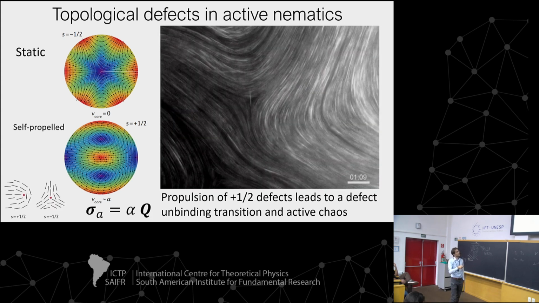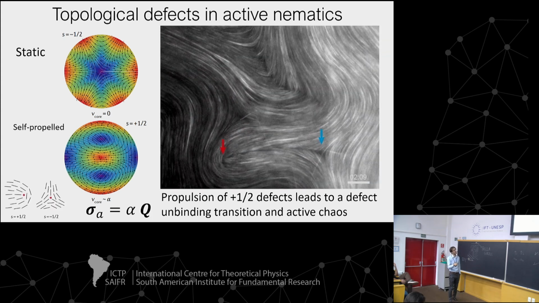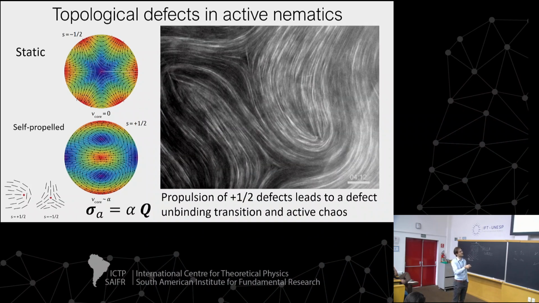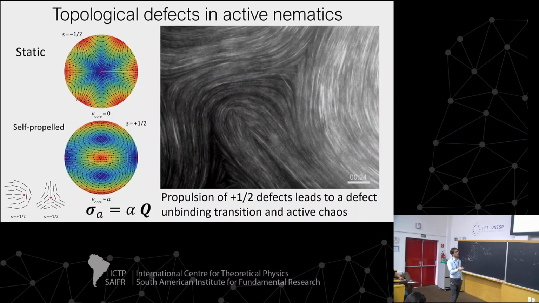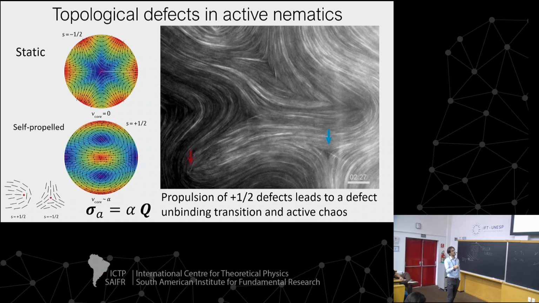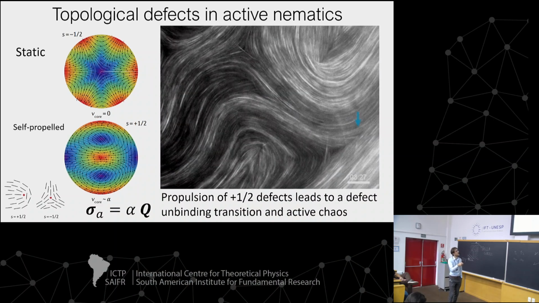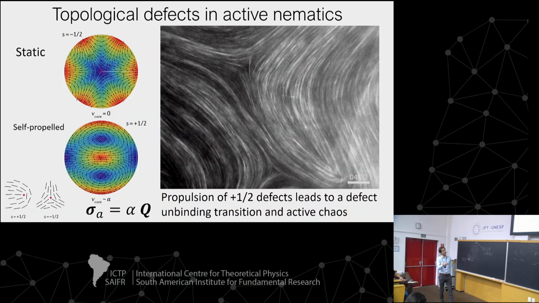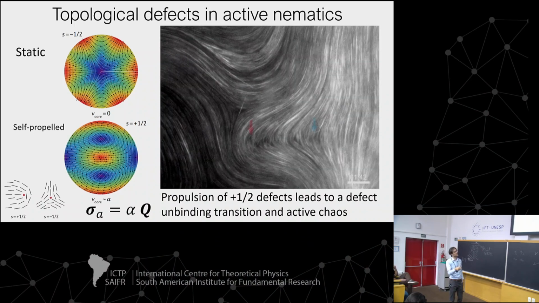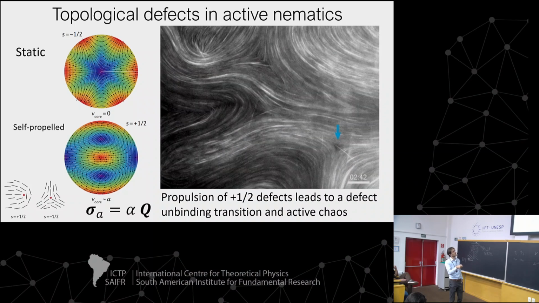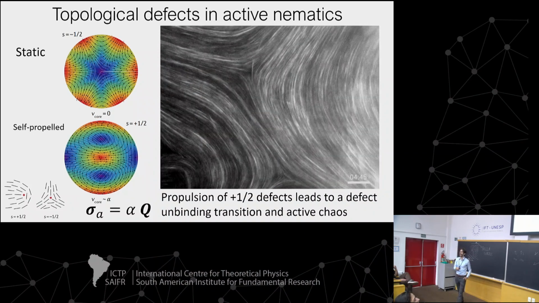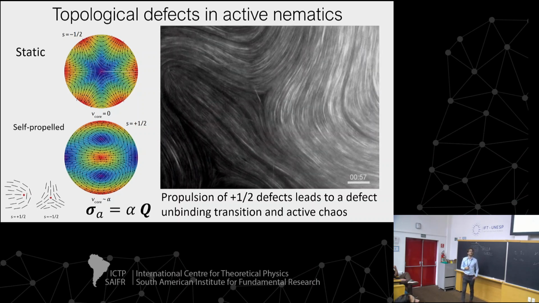Right? And so I played this video for you yesterday, and you can start to see these kinds of textures in the active nematic field in particular. What you see in this video is the appearance of a ±1/2 pair of defects, the unbinding of these 2 defects and the flow of this +1/2 defect along its axis away from its -1/2 partner.